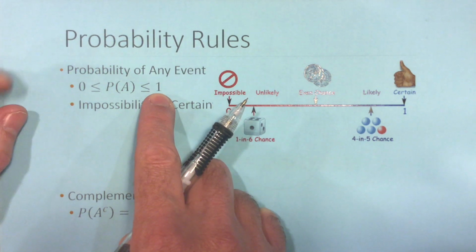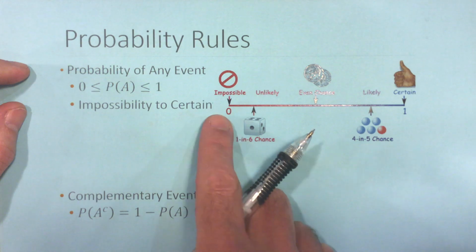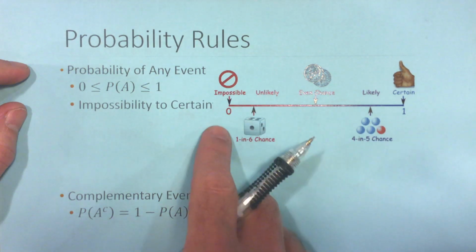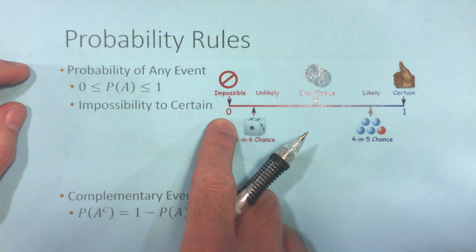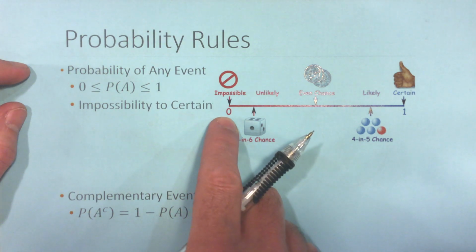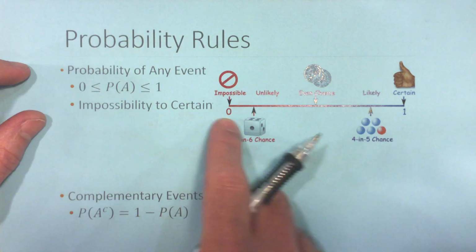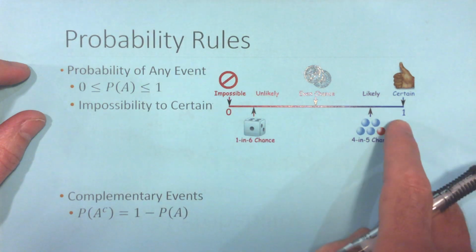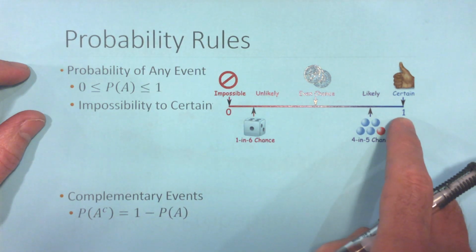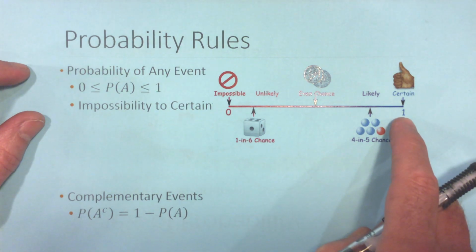So probability ranges from 0 to 1, 0 being impossible, although sometimes we will assign an event a probability of 0 that could happen. We mentioned that with an example last time. All the way out to a sure thing, a certainty. Again, we could assign something a probability of 1 that isn't technically a guarantee.